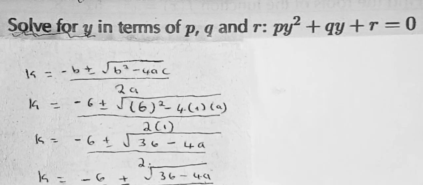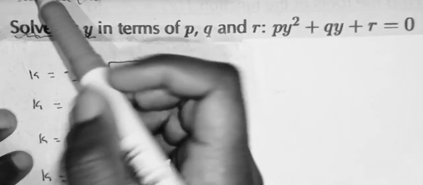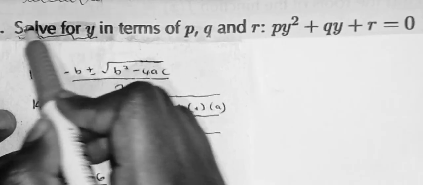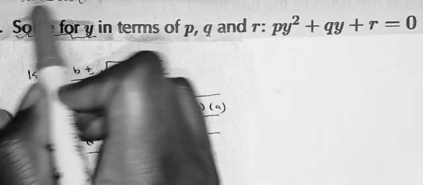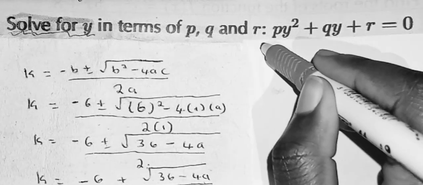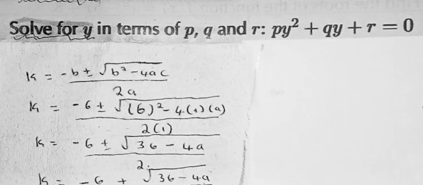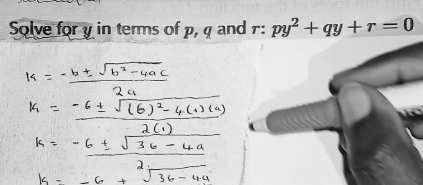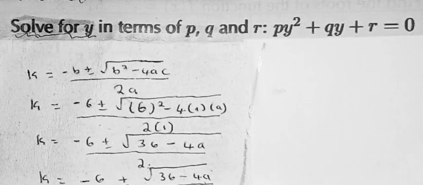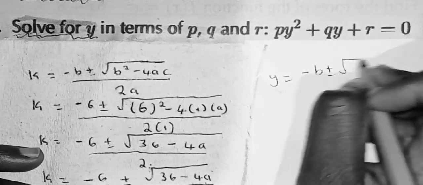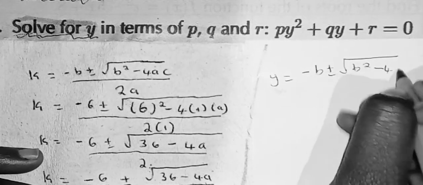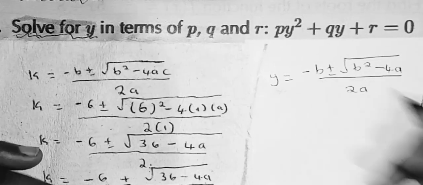So we're going to use our quadratic formula again. The top one was solve for k. So how are we going to do the quadratic? We're going to say y is equal to negative b plus or minus the square root of b squared minus 4ac, over 2a.